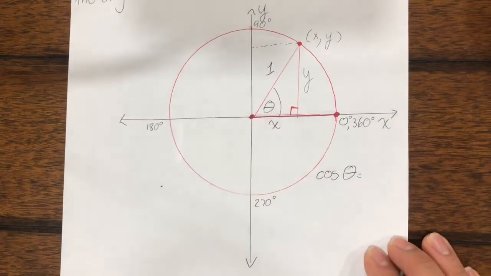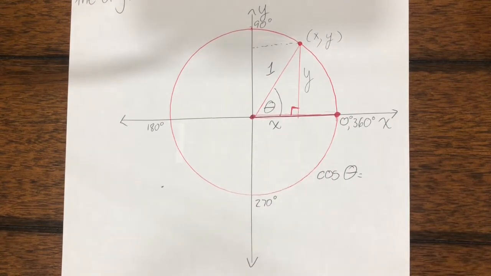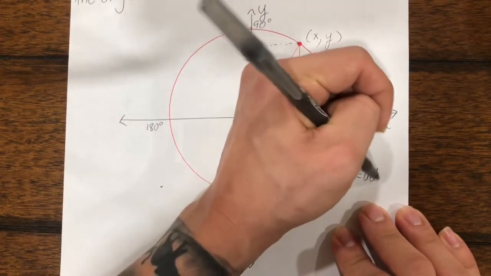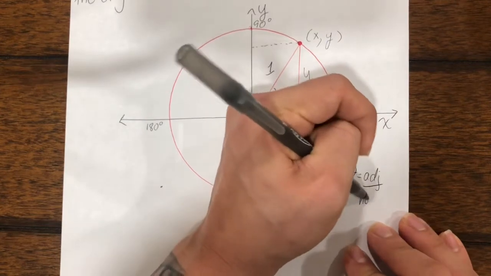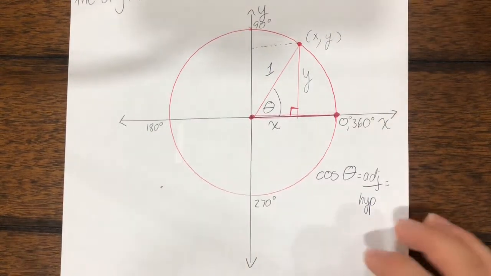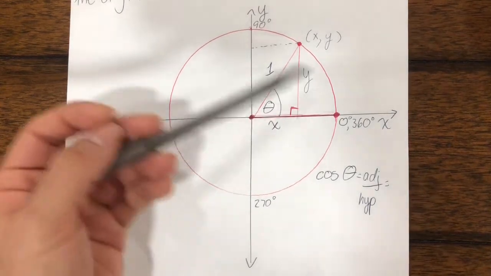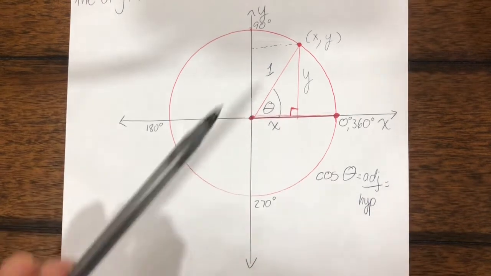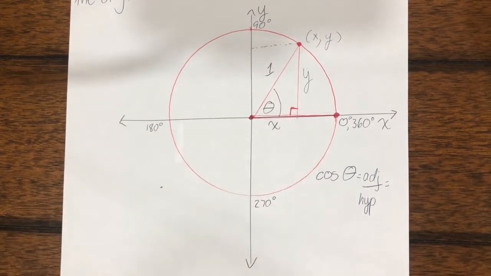Now, cosine of theta, if you recall, the ratio for that would be the adjacent side over the hypotenuse. Now we need to figure out which of the sides in this right triangle represents the adjacent and which represents the hypotenuse.